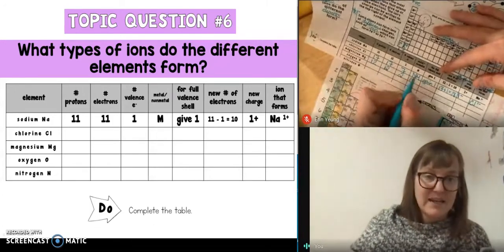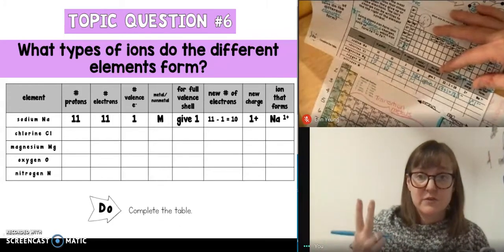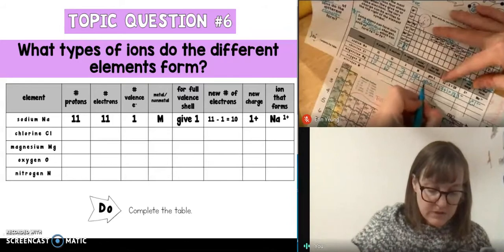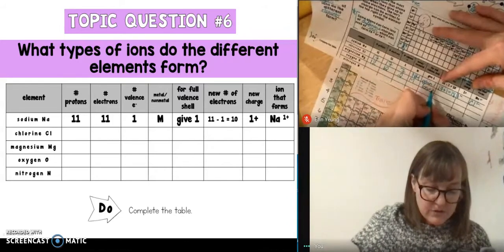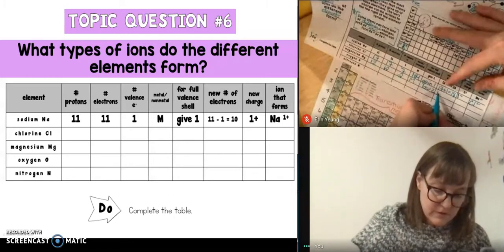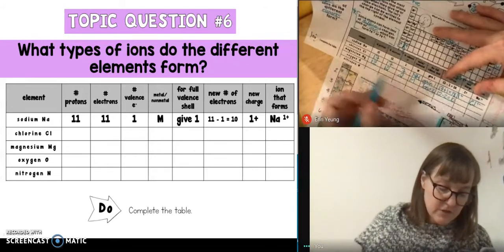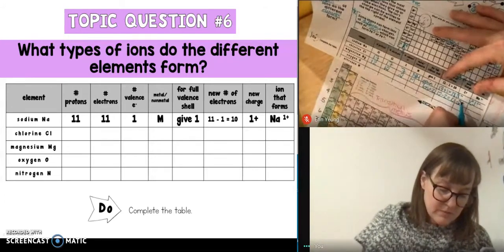Therefore, it has 2 electrons in that valence shell, so it wants to get rid of 2. So we're going to lose 2, which means 12 minus 2 equals 10 electrons, so we're going to have a charge of 2 plus, which would be Mg2+.